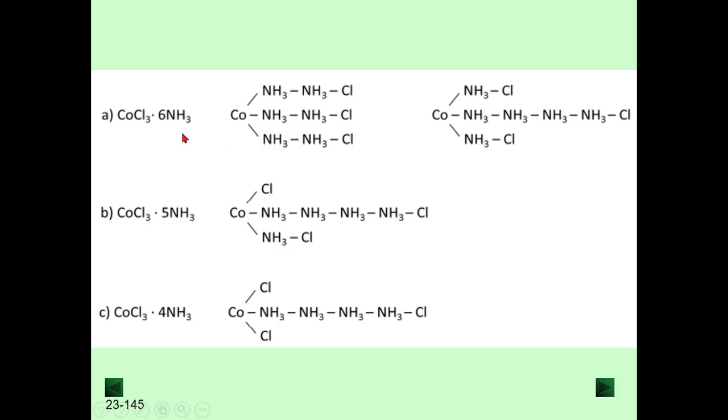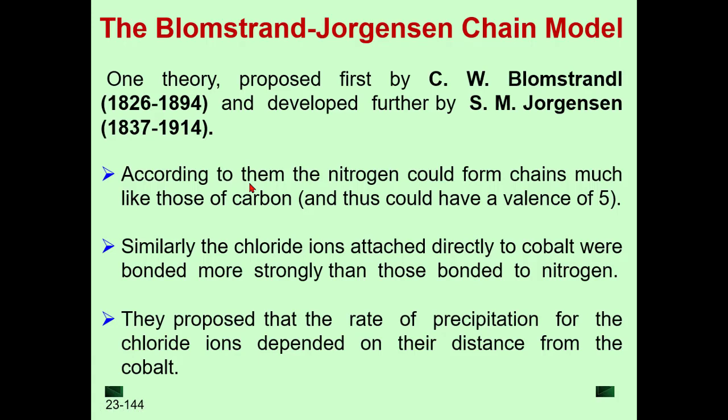They explain this property by saying that the chloride ions which are attached directly, very near to the cobalt atom, are non-ionizable, which means they are more strongly attached than the rest which are far. So they propose that the rate of precipitation of the chloride ion depends on its distance from the cobalt.